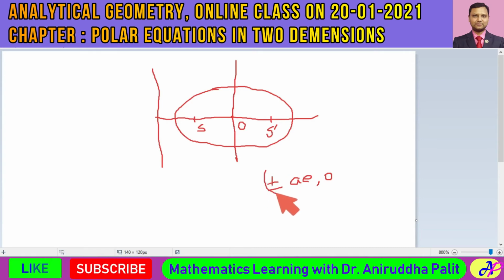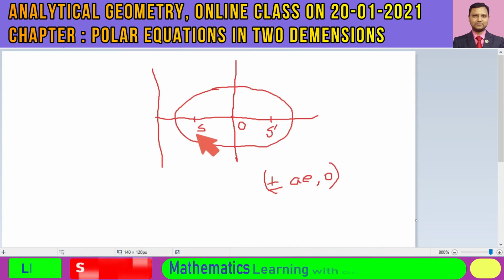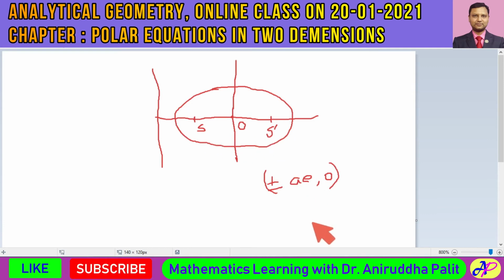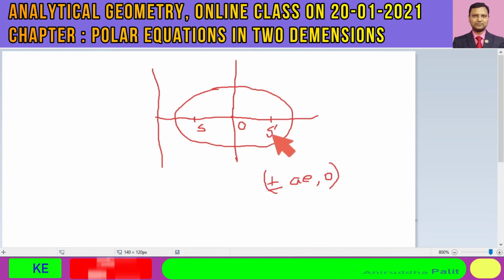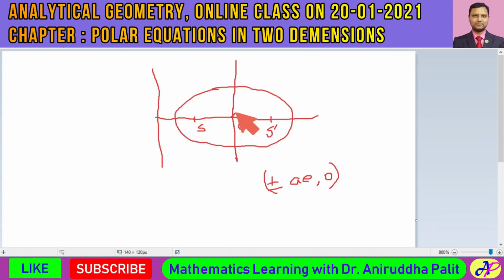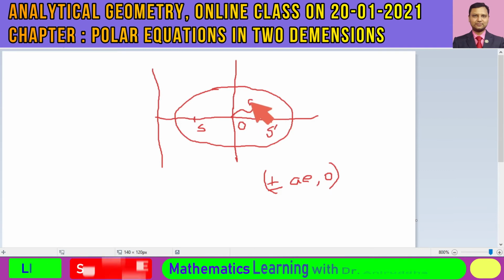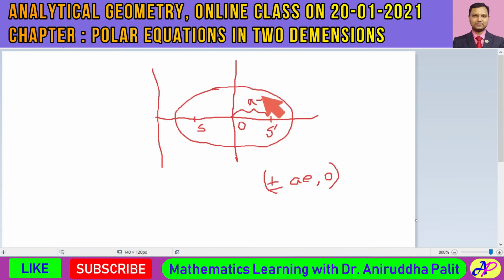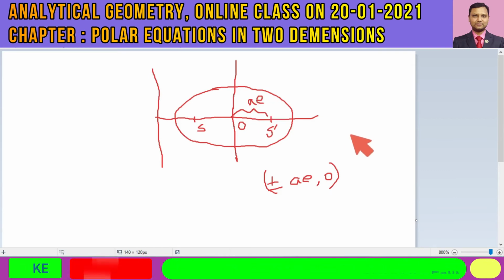These were the coordinates of these two foci. So this much distance would be equal to AE.